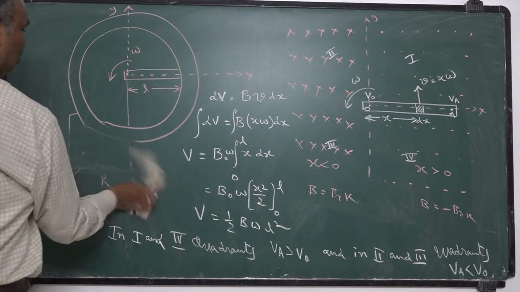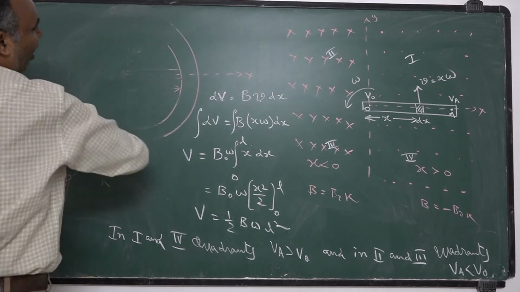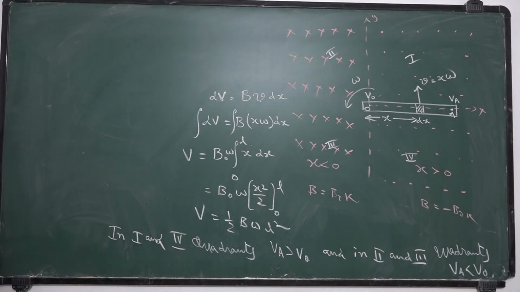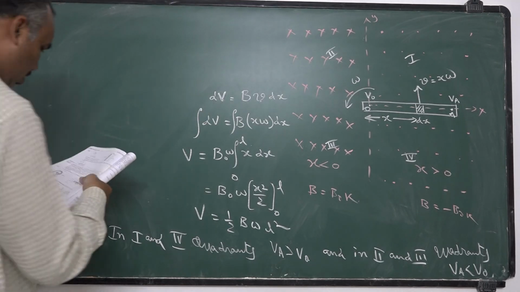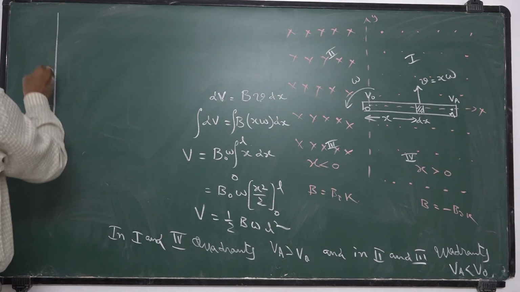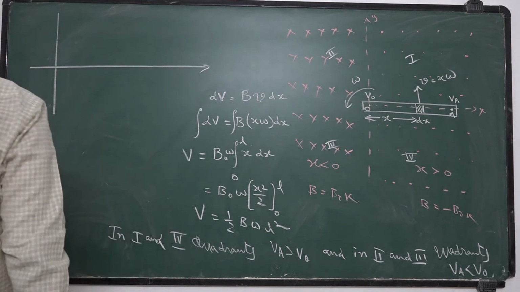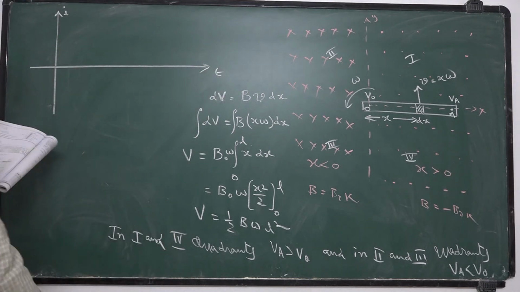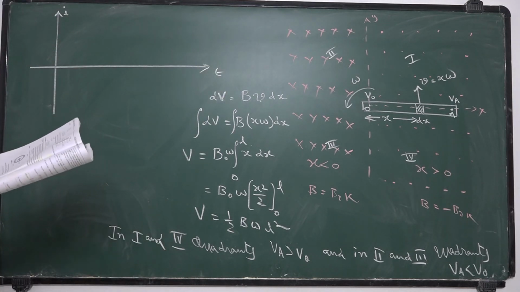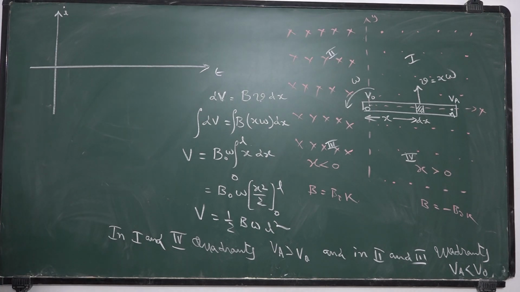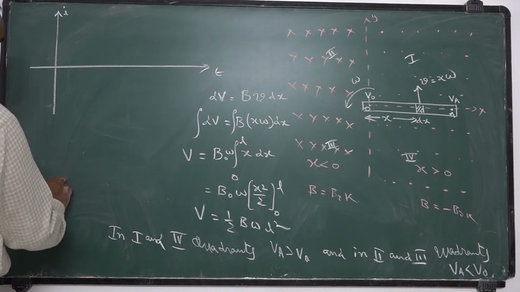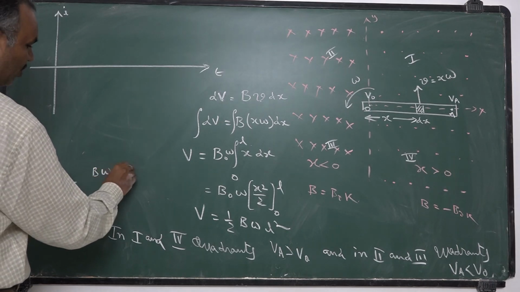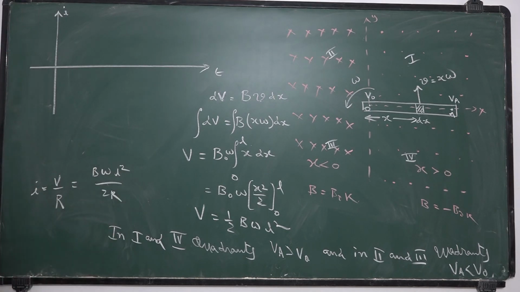So depending on the values of potentials, if I draw a graph, the graph is like this. The graph between induced current and time. Induced current is nothing but induced EMF divided by resistance. So B naught omega L square by 2R will be the induced current.